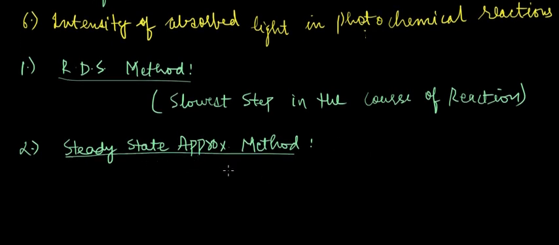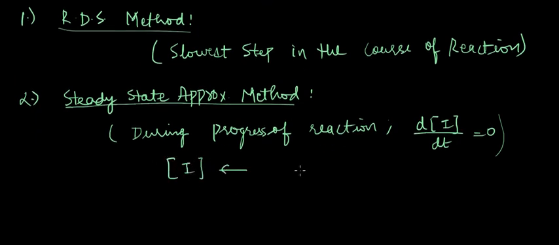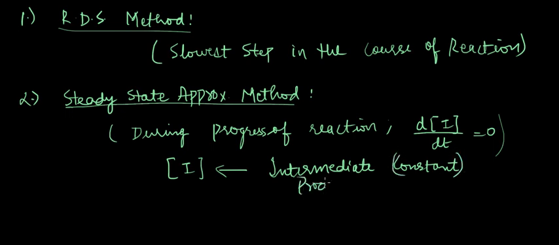During progress of reaction, dI/dt is equal to 0, where I is the intermediate product, which we have taken as a constant quantity, and no intermediate product should be present in the final rate law expression of a complex reaction.